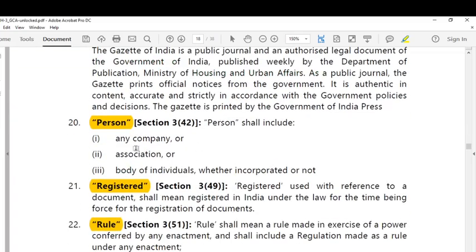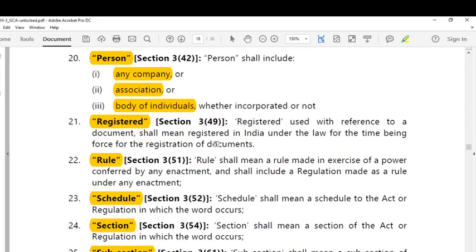Person shall include any company or association or body of individuals, whether incorporated or not. Registered, when used with reference to a document, shall mean registered in India under the law for the time being in force for the registration of documents.